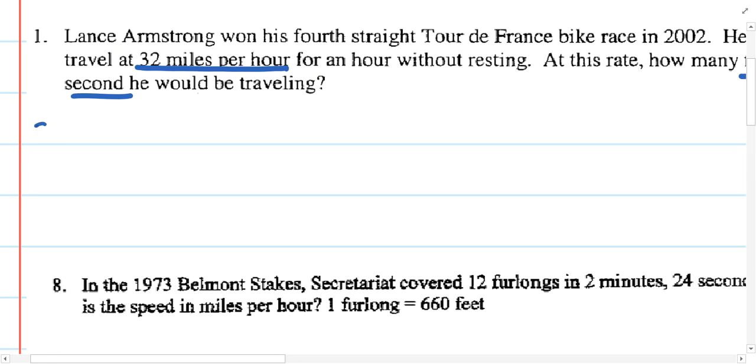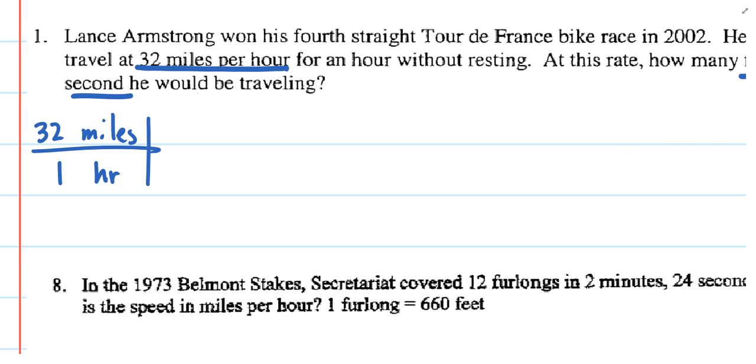So I'm going to start off with 32 miles and 1 hour as the beginning of this T chart. As we had the last time you watched one of these videos, you'll note that I'm just writing down what was given to us first, and I'm trying to create a T chart that contains elements that will cancel along the way.